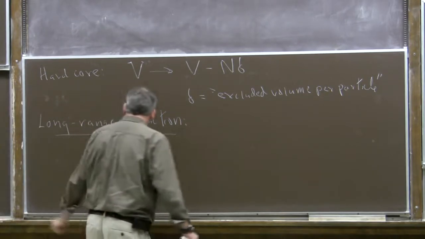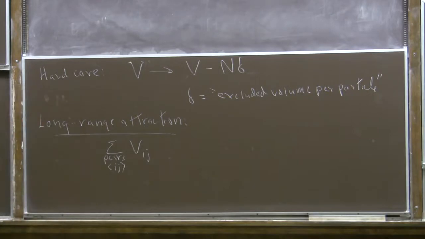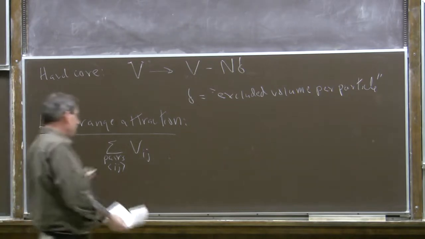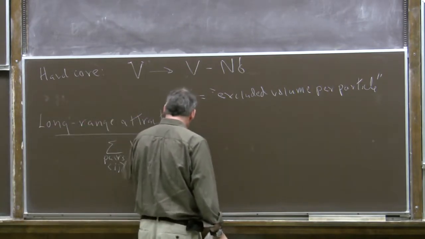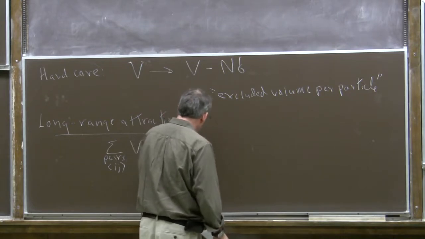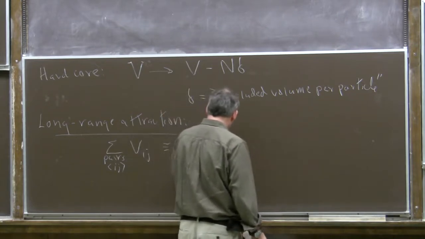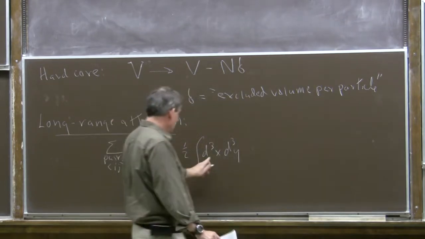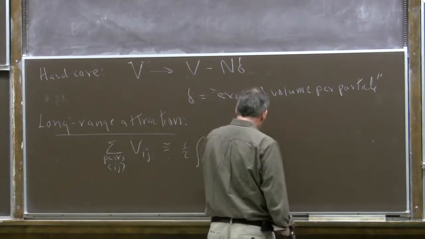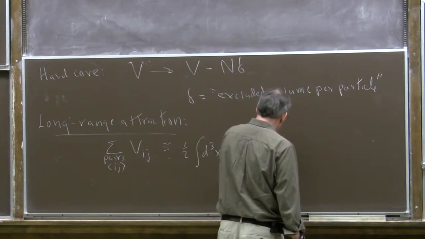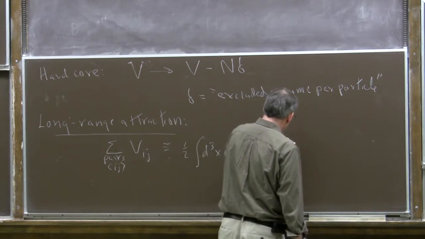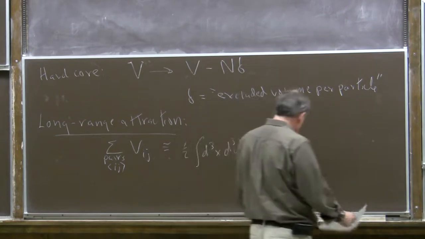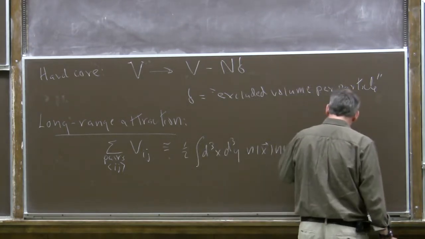And we'll imagine that we can think of the particles as being described by a uniform density of particles. So I can write that potential energy as 1/2 an integral over the position of particle 1, position of particle 2, density of particles at x, density at y, that is number per unit volume, times potential energy.